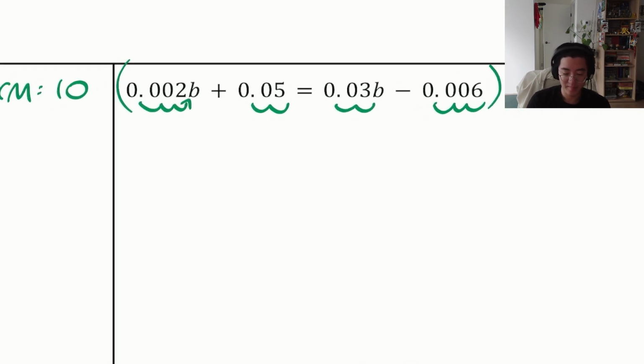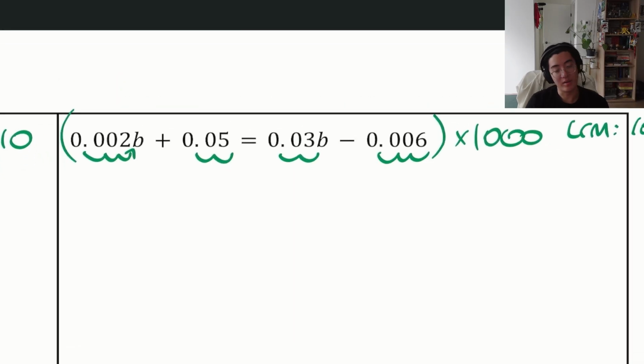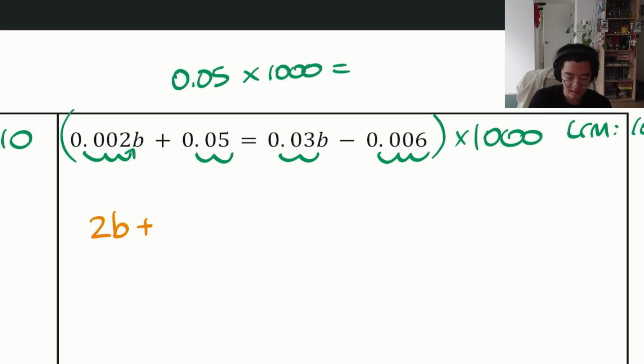Okay, let's see. 0.002b times 1,000. We're multiplying everything by 1,000, so we're moving 3 decimal places. So this becomes 2b. Alright, so be careful here. 0.05 times 1,000. 1, 2, 3 decimal places.